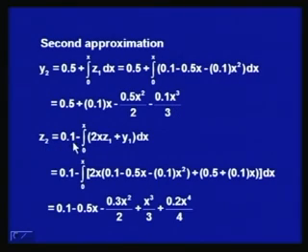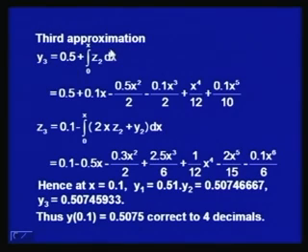Z2 is equal to 0.1 minus integral 0 to x of 2x z1 plus y1 dx. Substituting the value of z1 and the value of y1, after integration we shall have the value of z2 as 0.1 minus 0.5 into x minus 0.3 into x square by 2 plus x cube by 3 plus 0.2 into x to the power 4 by 4.